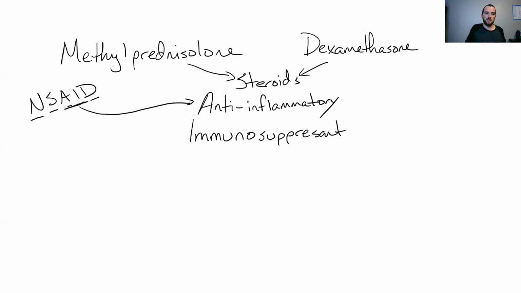This is just saying it's non-steroid. It's not a steroid, but it's still causing some of that anti-inflammatory effect. So we take a medication like that to help with sore muscles, and it helps with those sore tissues. We're going to talk about that. It's just not a steroid. These two are steroids that are causing that anti-inflammatory response.